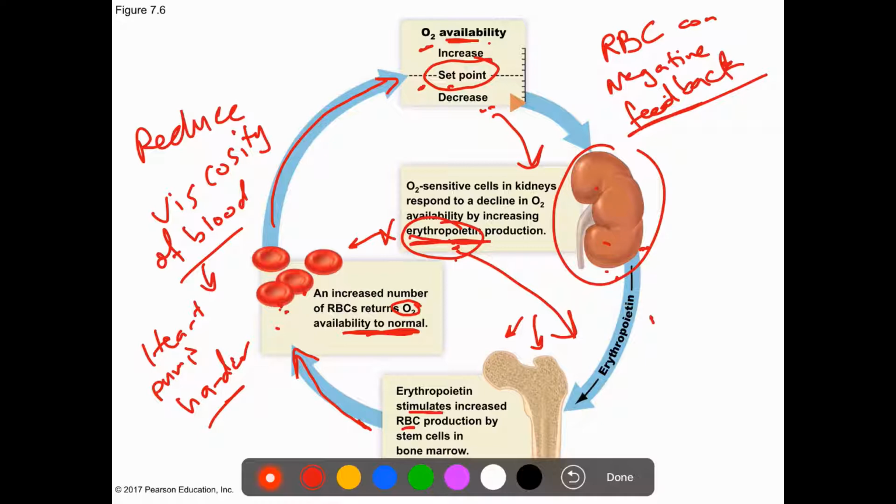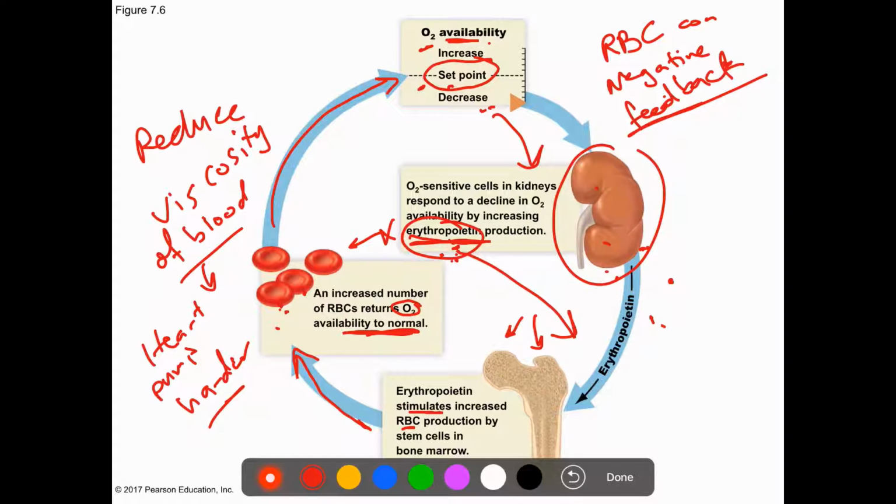Some athletes also may abuse erythropoietin to increase their red blood cells production and make more oxygen available in their blood, so their muscles would work at a better conversion of energy. All of these are, again, as you can see, related to this erythropoietin and the different roles it plays in red blood cells production.